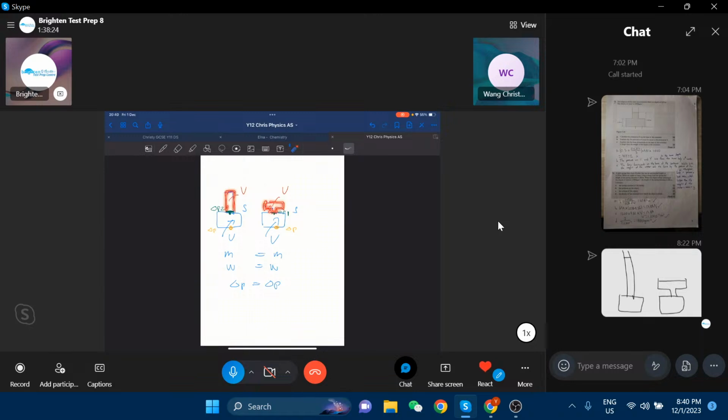Then you just have to have the same area. If the area is different, it's like with the tire, then of course the pressure is different, because it's delta force over area. But as long as the area is the same and the volume is the same with the same material, so the force is the same, then I have the same pressure.